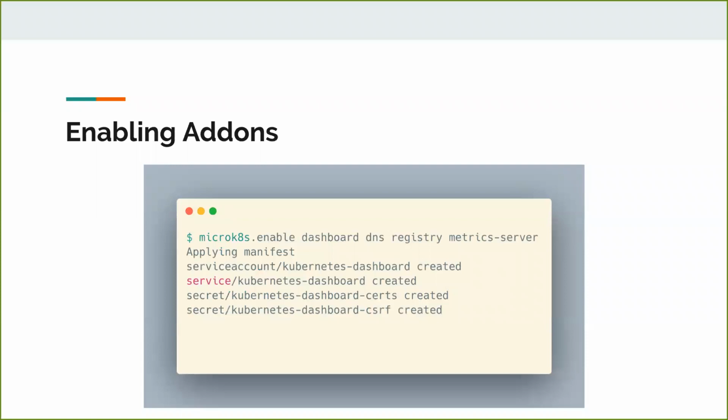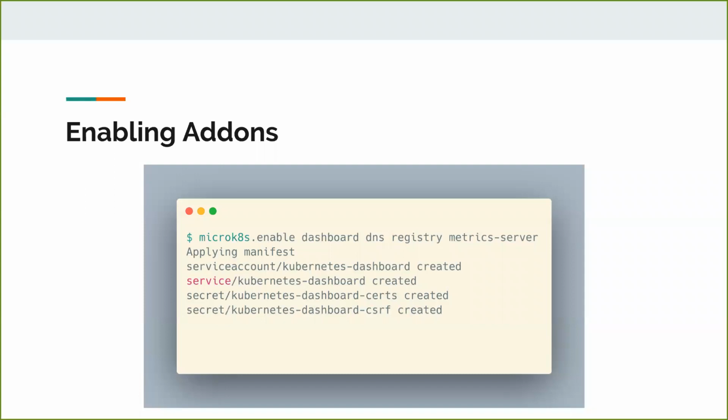So if you want to enable add-ons, which I would recommend, kind of a basic set. Here you can see that I'm enabling the dashboard. This is the Kubernetes dashboard. In a regular Kubernetes install, you would install a manifest from the Git repository to install all the pieces for the dashboard. I'm enabling CoreDNS. If you want to play with it or not, you don't have to, but why not?